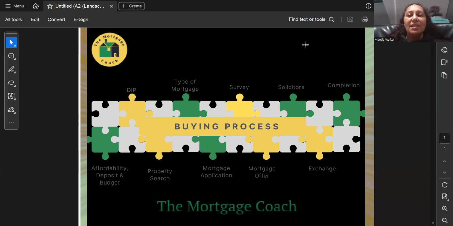The next point is the decision in principle. That is the DIP. You can have a DIP, decision in principle, an AIP, application in principle, or an MIP, mortgage in principle, and they all mean roughly the same thing.